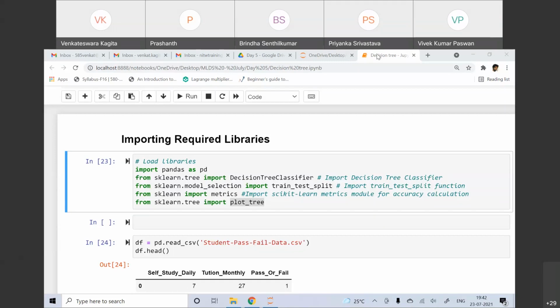Sir, will you be taking some sessions on data pre-processing, like handling missing values, those things? No, ma'am, not planned. Sir, that's very important to get accuracy. Yeah, but we assume that that is easy and everybody can self-explore that.